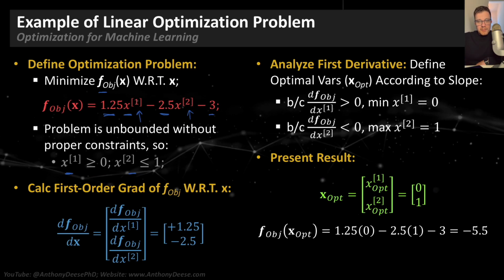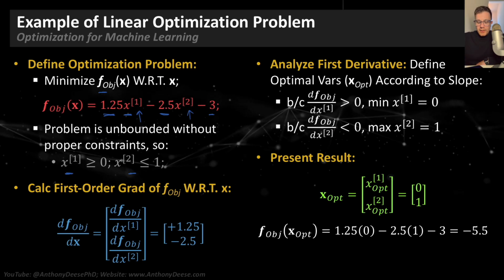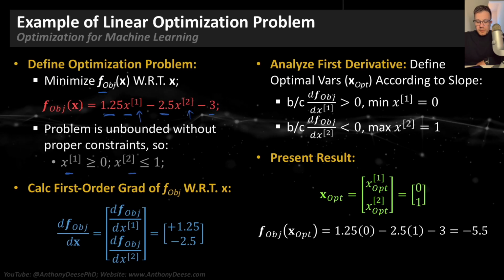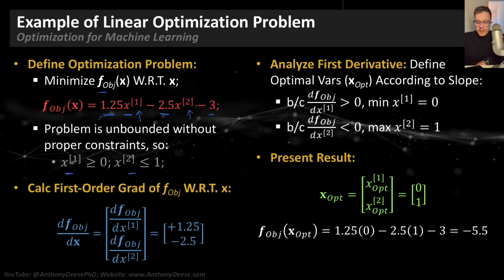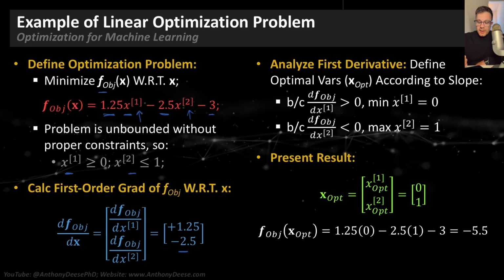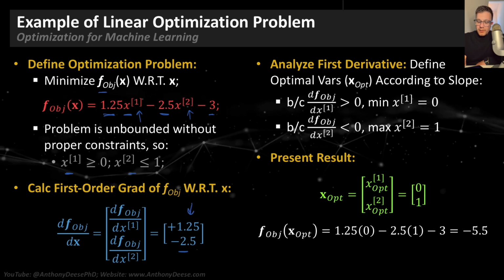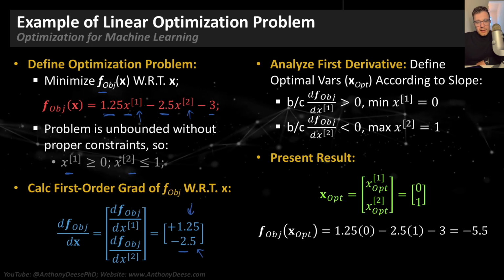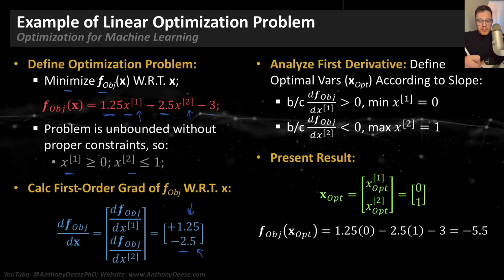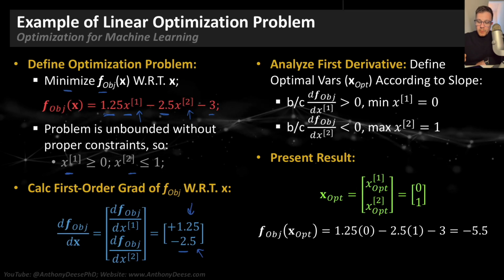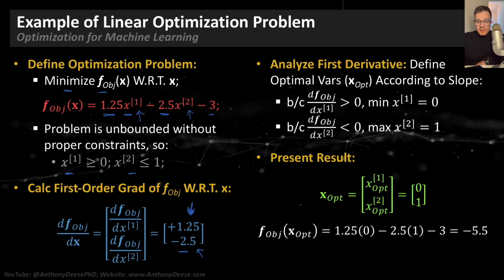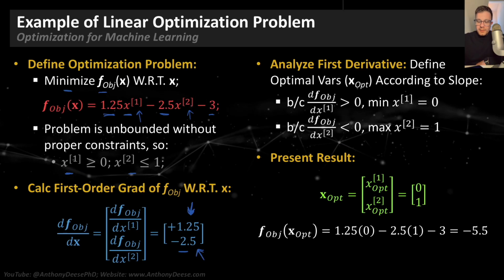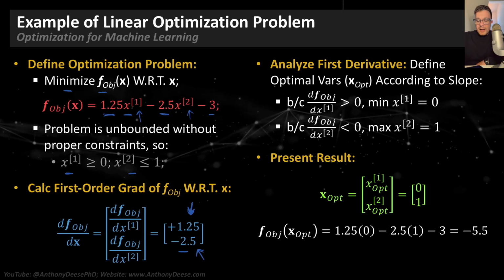The second step is to calculate the first order gradient, or to differentiate the objective function with respect to both x values. And that yields essentially their slopes, a positive slope for the first x value and a negative for the second. And like we said previously, since our goal here is to minimize the objective function, we will want to minimize x1 because it has a positive slope, and we'll want to maximize x2 because it has a negative slope.